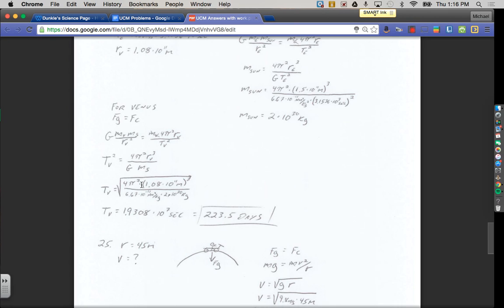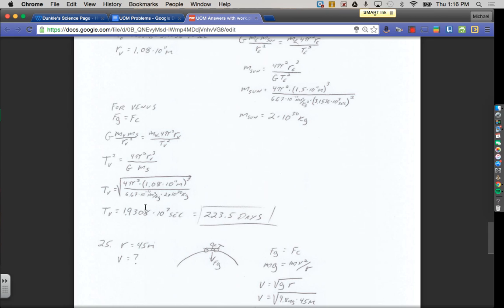4 and pi squared times the orbital radius of Venus, which is 1.08 times 10 to the 11th meters. Don't forget to cube it. Divided by big G, 6.67 times 10 to the negative 11th newton meter squared per kilogram squared, times the mass of the Sun, which we just solved for, 2 times 10 to the 30th kilograms.